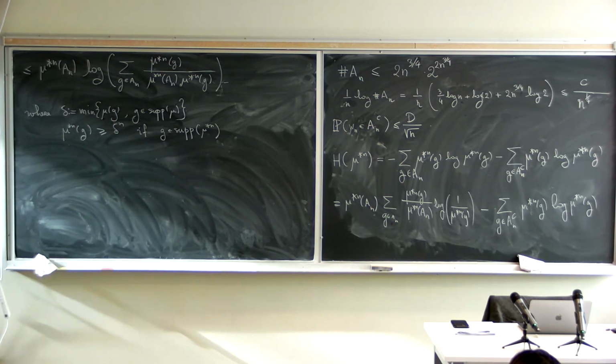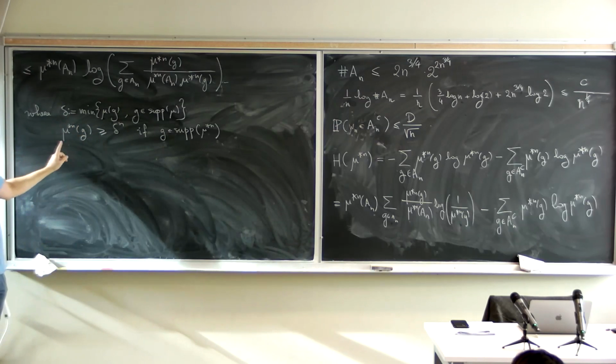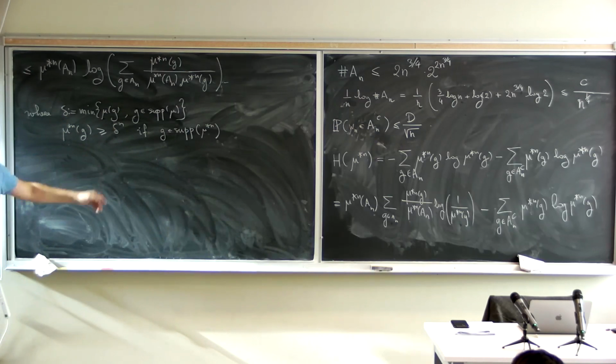That's just because you can do n steps, and the probability of each step is at least delta. So if you do n steps, you get delta to the n.